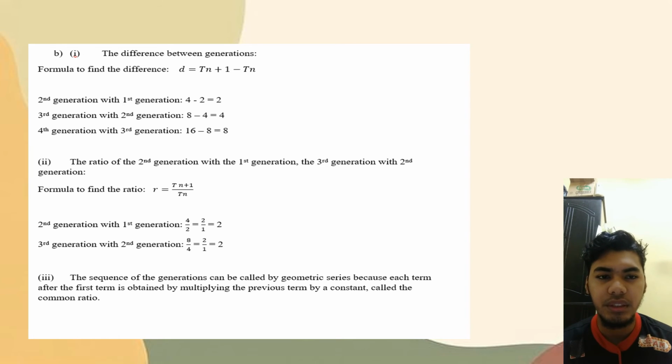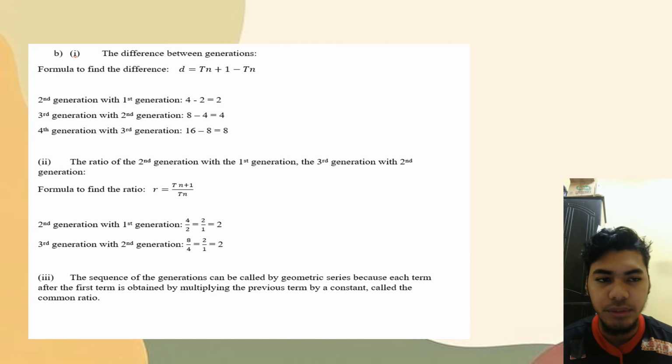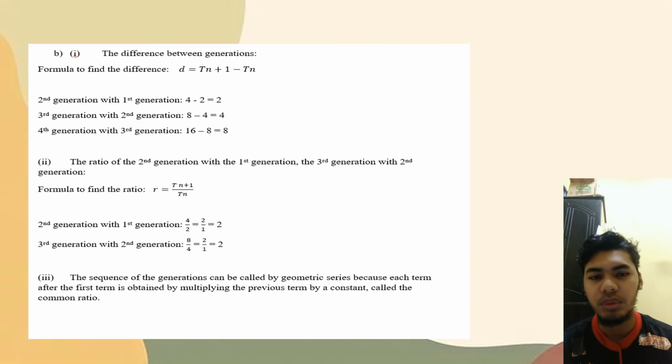Second, the question asks me to find the ratio of the second generation with the first generation and the third generation with the second generation. To find the ratio, we use the formula r equals Tn plus 1 over Tn. To find the ratio of the second generation with the first generation, we divide the second generation, which is 4, by the first generation, 2.